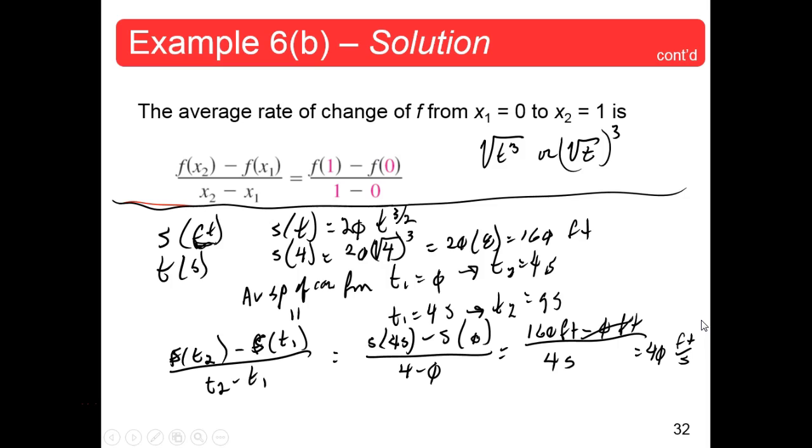40 feet per second. So that's the average rate of speed, average speed from t equals 0 to 4 seconds. Let's do the same thing from 4 to 9 seconds. Because I don't have much room, I'm going to erase this ugly f that was stuck in there.